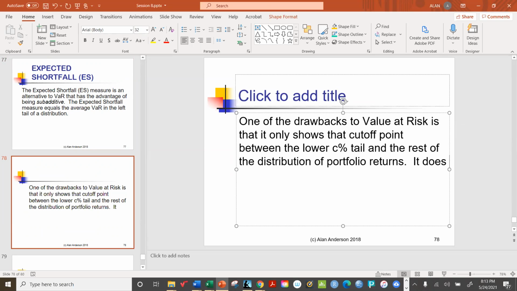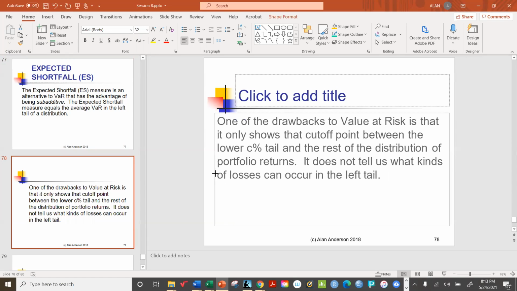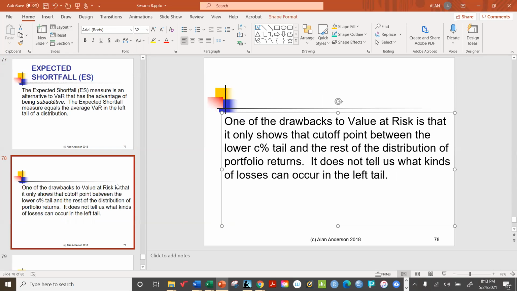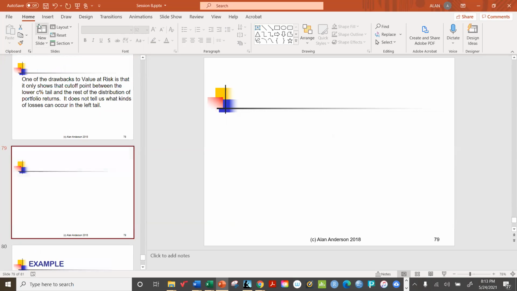It does not tell us what kinds of losses can occur in the left tail. So in other words, it's just showing us the cutoff point between the worst outcomes and the best. So it's basically saying, all right, well, if you want to know how bad things can get, we can reach this point or worse.